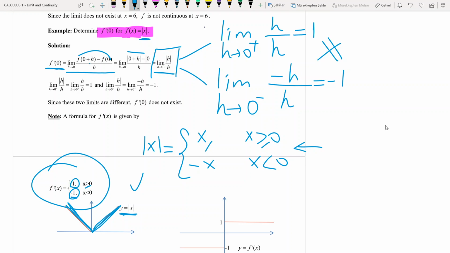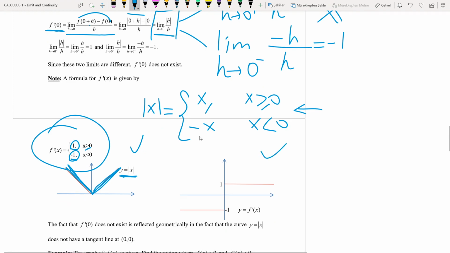This is why the derivative does not exist at the point 0 for the absolute value function, and this is the graph of the derivative of the absolute value function, 1 and minus 1. What about the point 0? The fact that f prime of 0 does not exist is reflected geometrically in the fact that the curve absolute value of x does not have a tangent line at the point (0, 0).